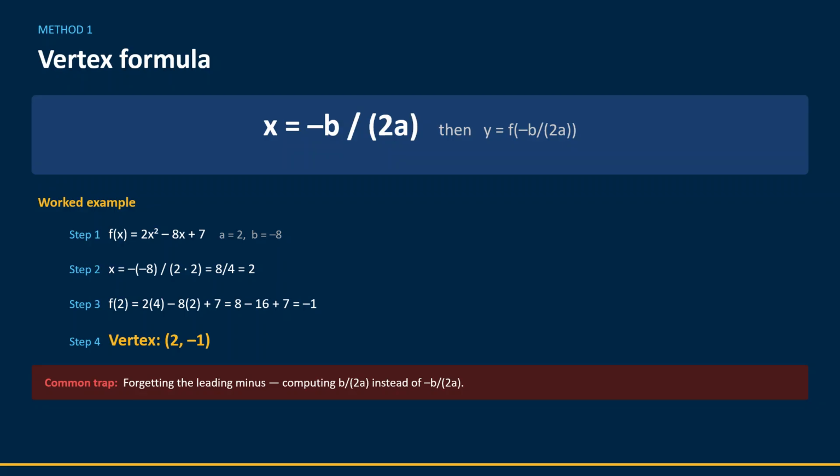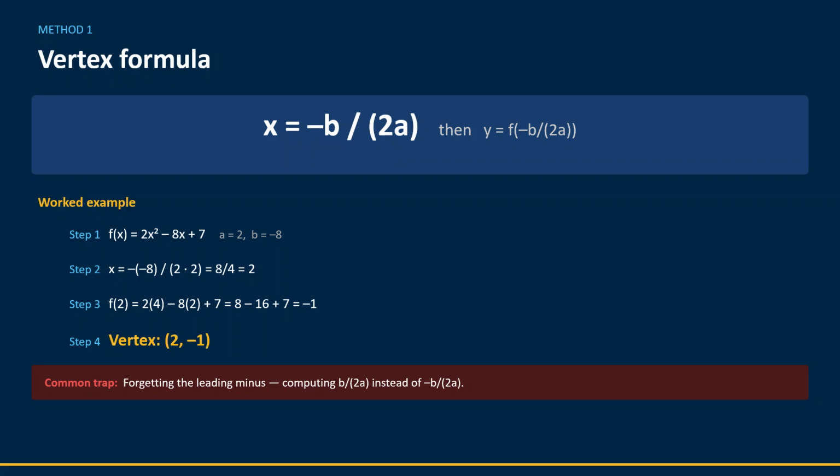Compute x equals negative 8 over 2 times 2, which is 8 over 4, which equals 2. Substitute back. F of 2 equals 2 times 4 minus 8 times 2 plus 7, which is 8 minus 16 plus 7, which equals negative 1. The vertex is at 2, negative 1.